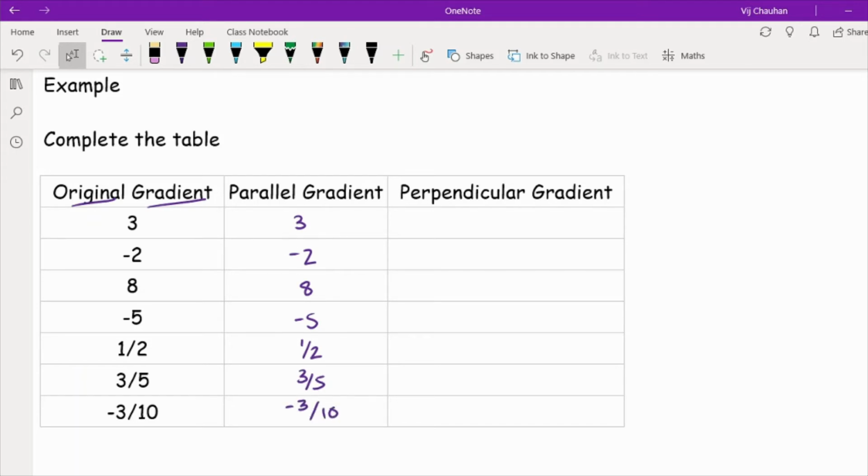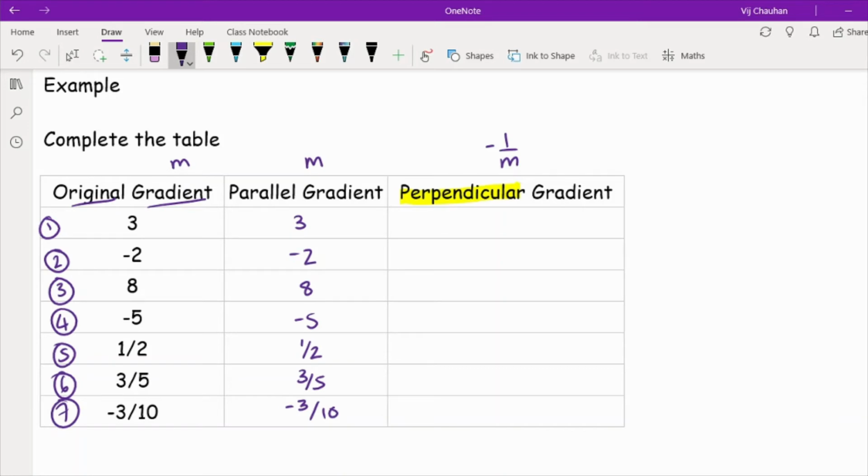Now the perpendicular gradient is going to be the negative reciprocal of that. So if the original is m, the perpendicular is -1 over m. Let me label these to make it easier for you to understand which gradient I'm referring to.